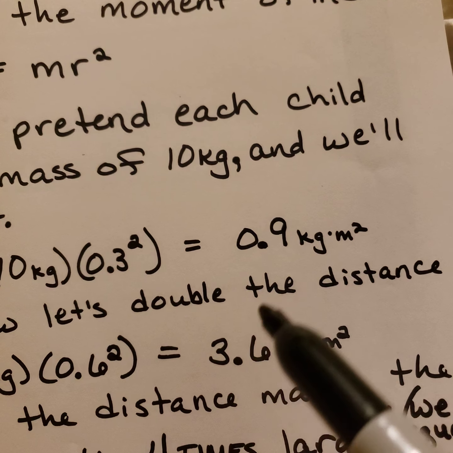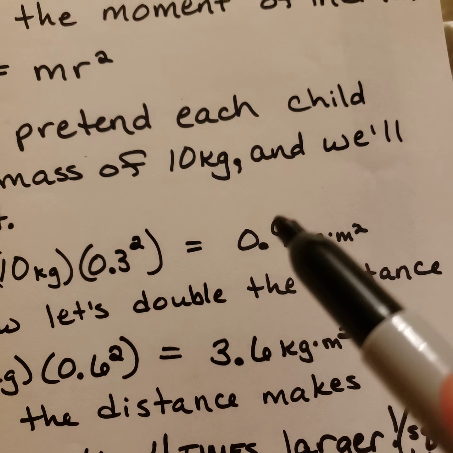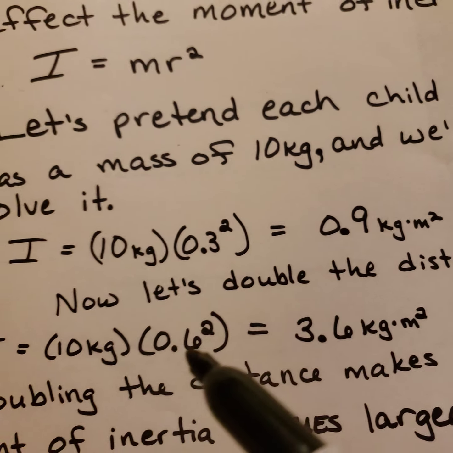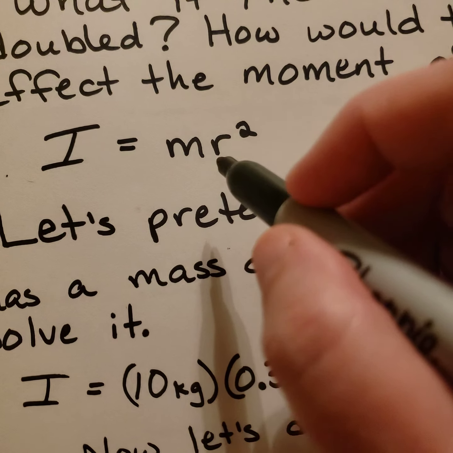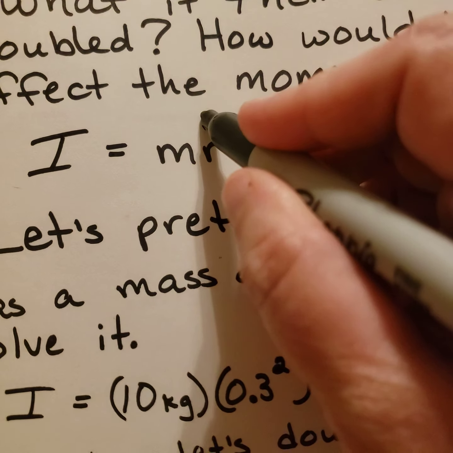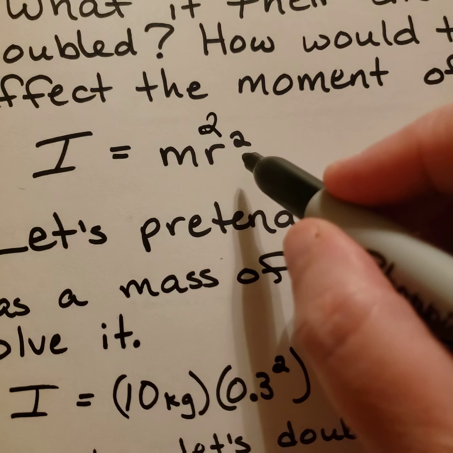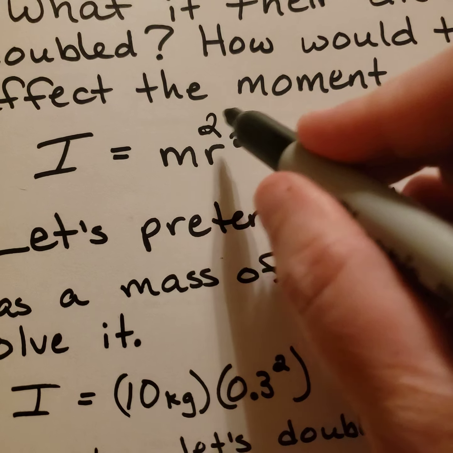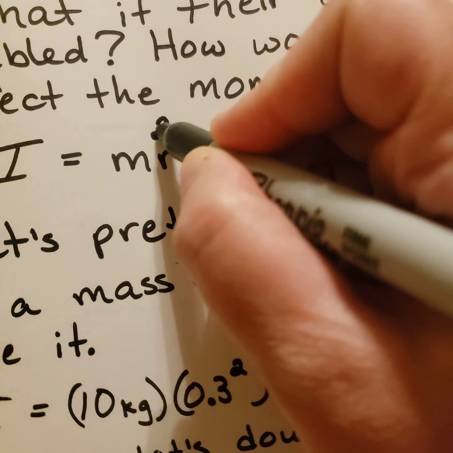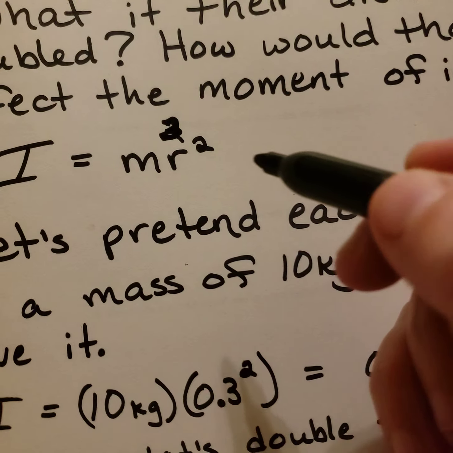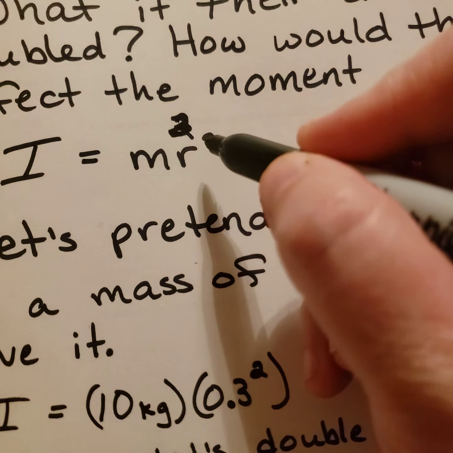Well, 3.6 is 4 times larger than 0.9. And remember, if all we had was this and we said we're going to go twice the distance, it's going to be 4 times greater. If we said we were going to go 3 times the distance, then it would be 9 times greater.